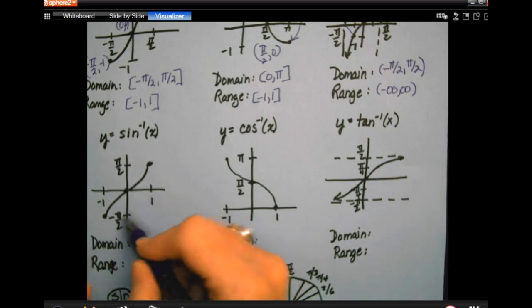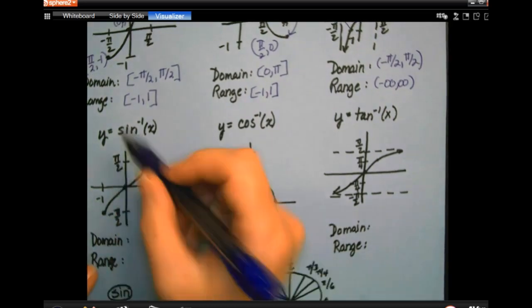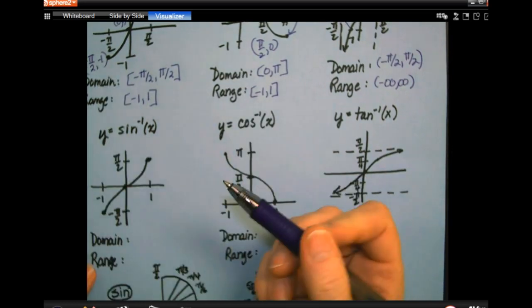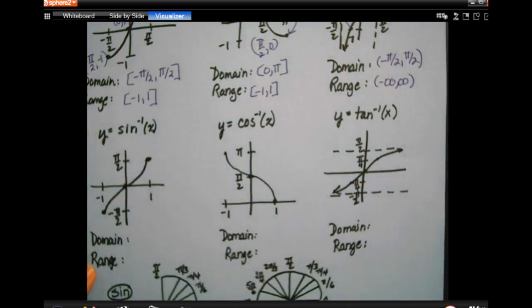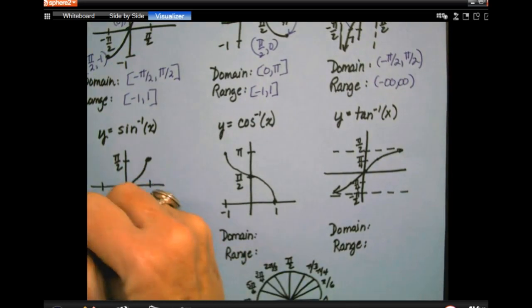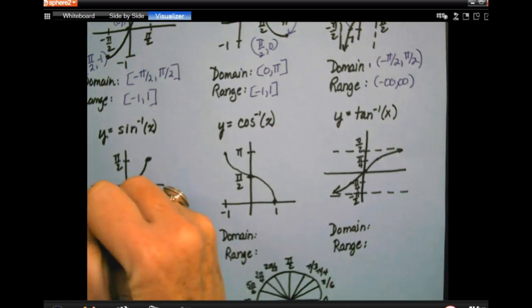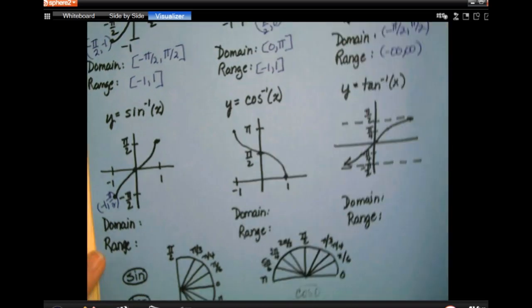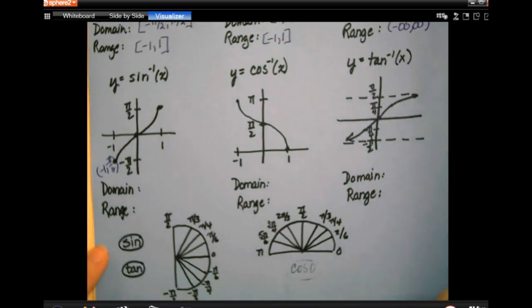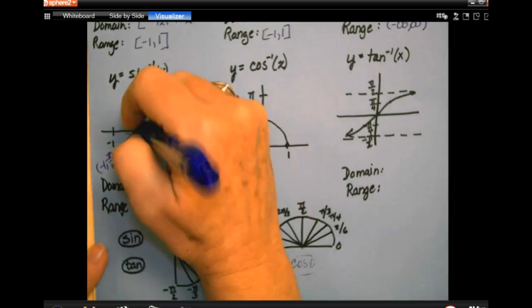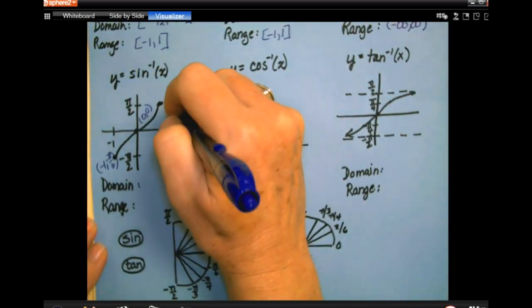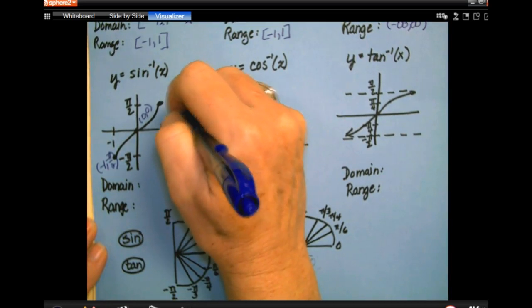So if I switch the x and the y, when I graph this, my negative pi over 2, negative 1 becomes negative 1, negative pi over 2. We just switch them. This stays 0, 0. And this becomes 1 and pi over 2.